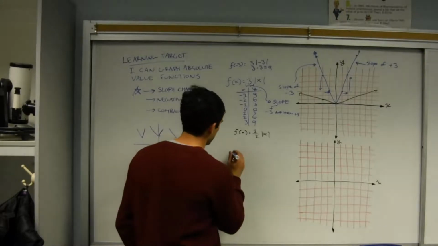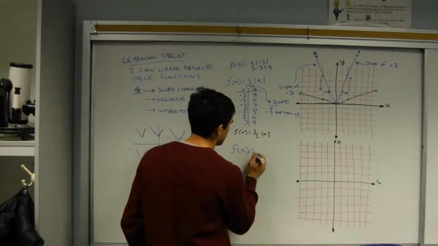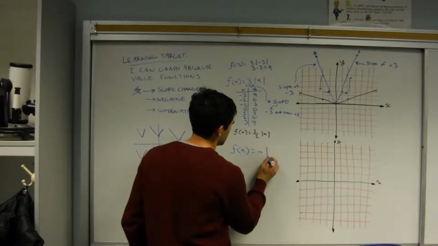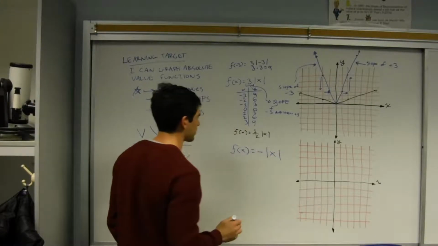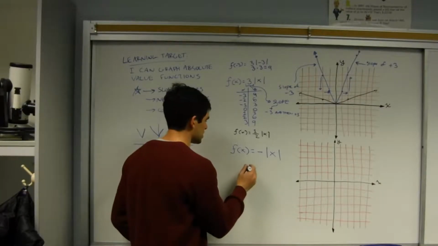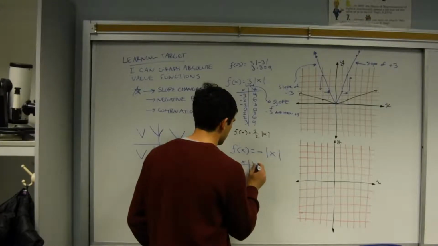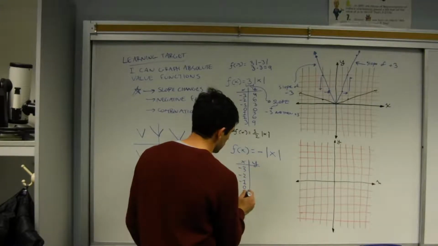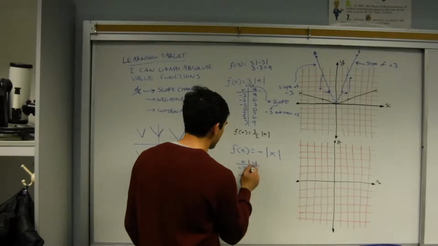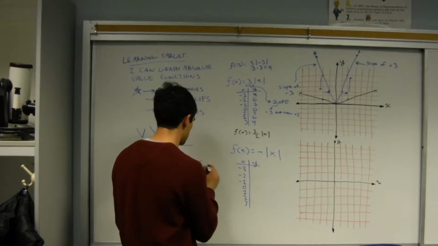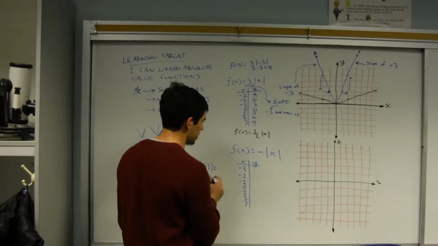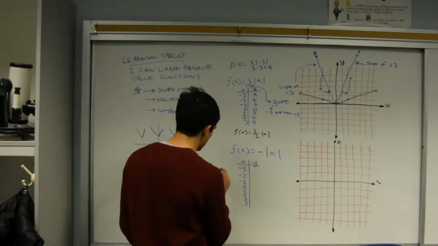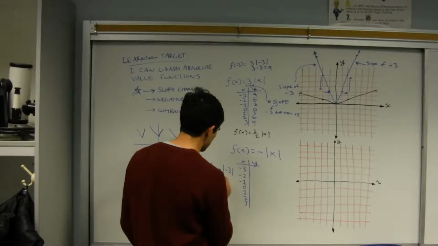Now suppose we have f of x is equal to negative times the absolute value of x. So in this case, if we do our handy table of values, f of negative 3 is going to be equal to negative times the absolute value of negative 3, which is equal to negative times 3, which is negative 3.